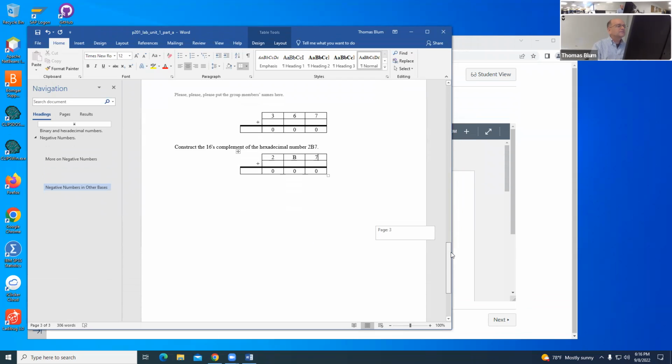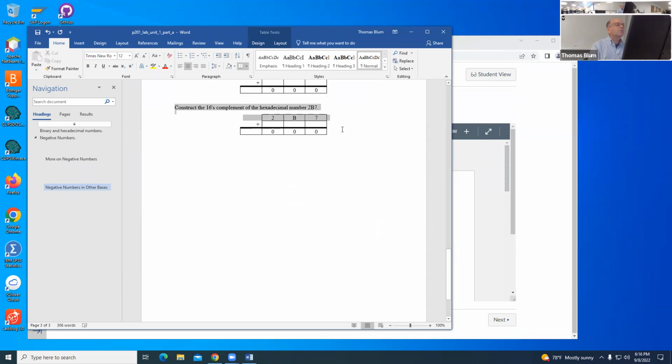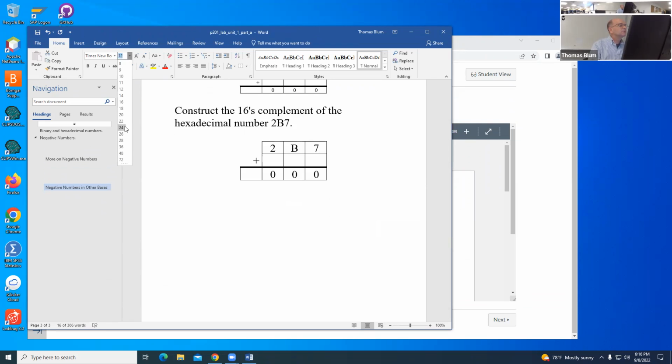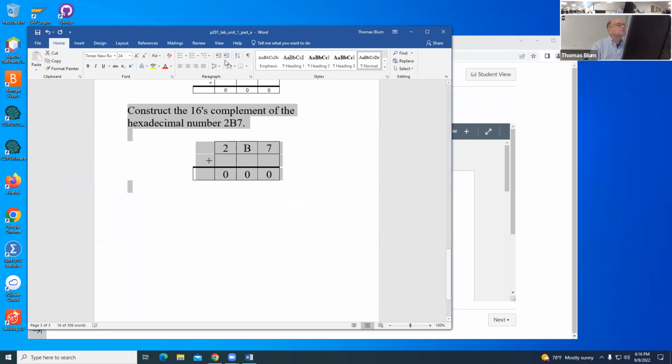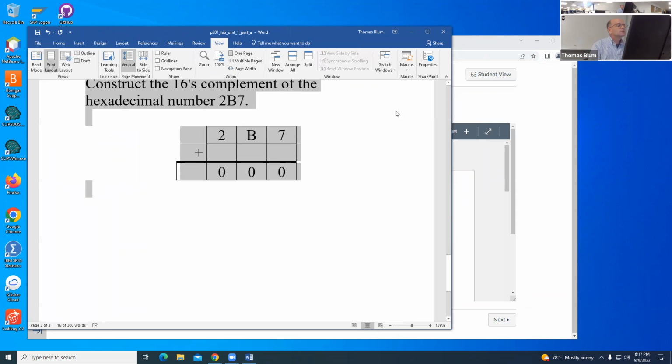That's what I was asked to do, the 16's complement. Let me make it a little bigger.